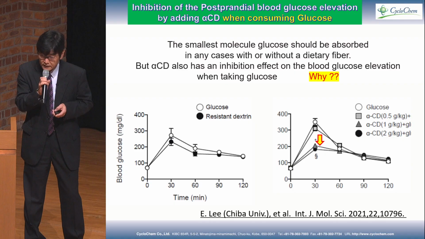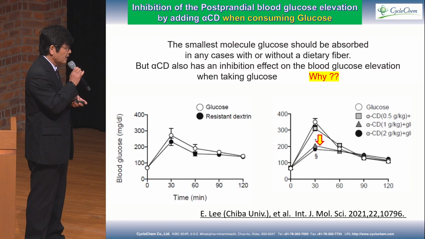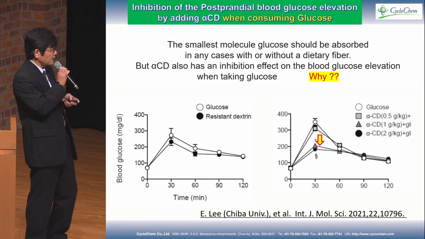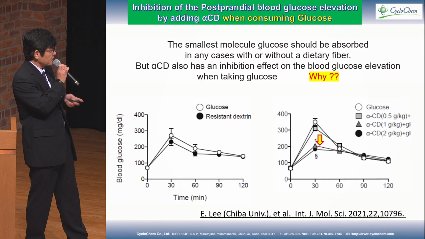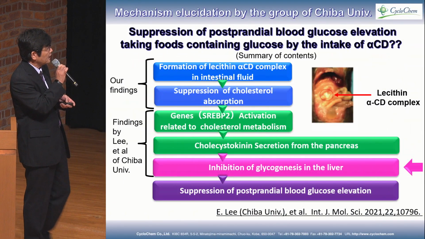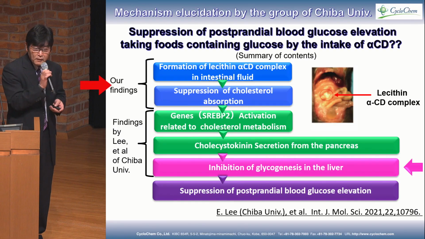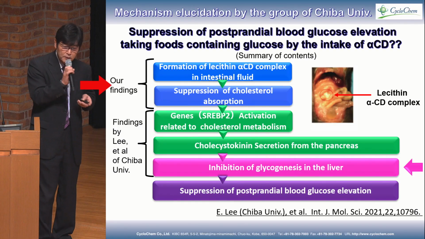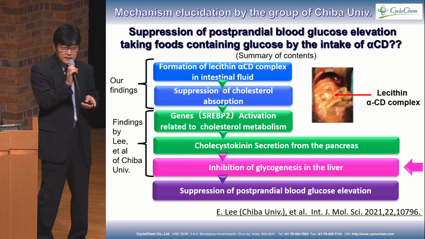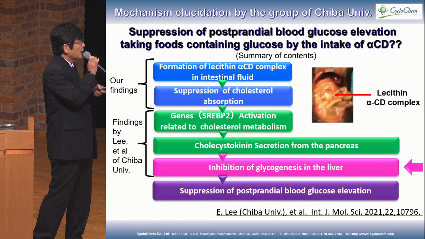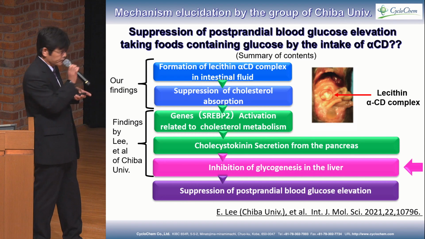What is that? Here we did not know, but Chiba University's group elucidated the mechanism. They used our findings. Already I told you about the formation of the lecithin alpha-cyclodextrin complex in the intestinal fluid, giving suppression of cholesterol absorption.